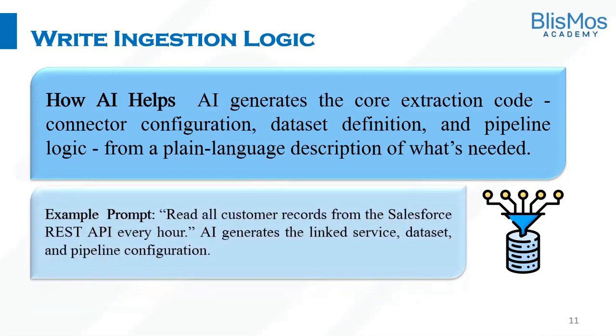For example, here we say read all customer records from the Salesforce REST API. AI generates the linked service, dataset, and also pipeline configuration. So this helps engineers build pipelines faster instead of starting from a blank screen.